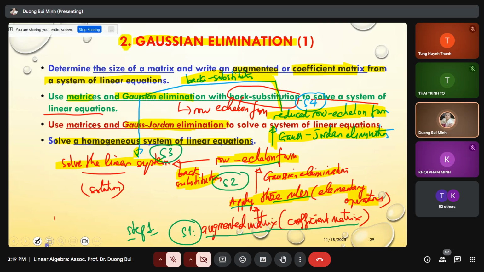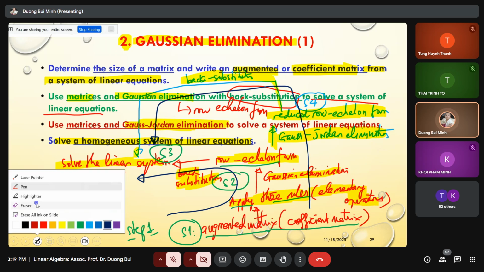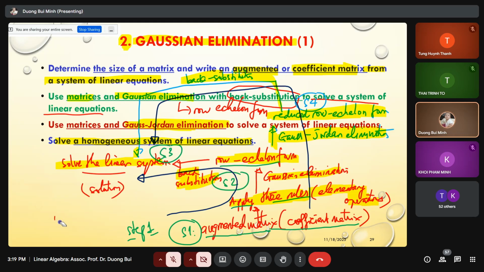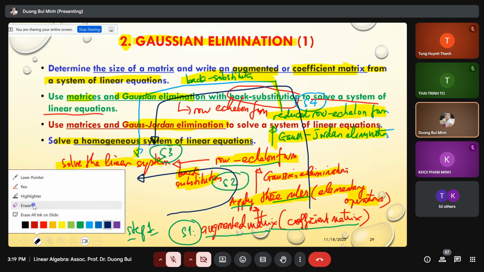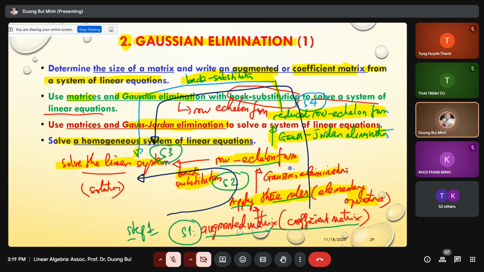So you can go this way to get the solution of the linear system, or you can go this way. It's up to you. It depends on the questions in the final exam I give you. If I just ask you to apply Gaussian elimination to get the solution of the linear system, you follow this way.